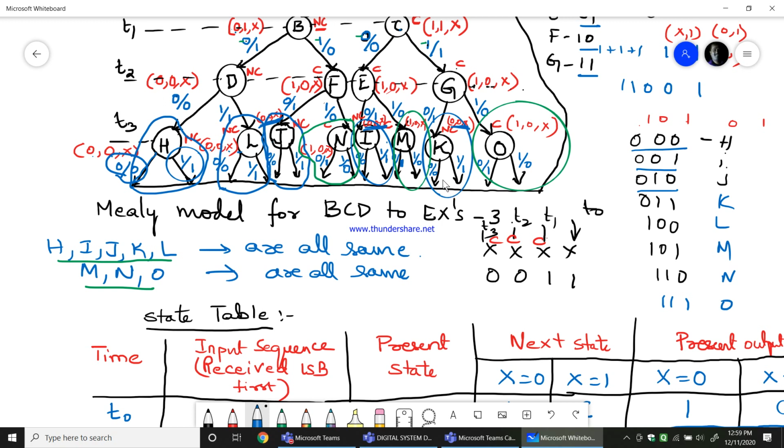Yes, sir. Similarly, in MNO, the carry is getting generated in the MNO states. Therefore, they will not be equal to H, I, J, K, L. They three will be equal.